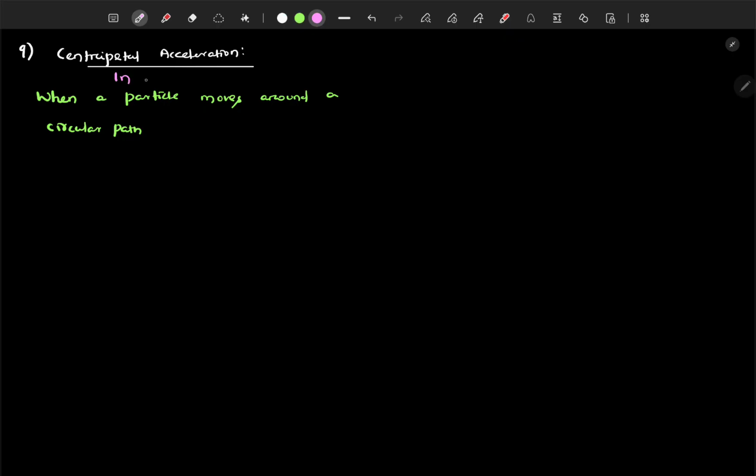This is in uniform circular motion. Yes. So in uniform circular motion, when a particle moves around a circular path, क्या दिखाई देगा हमको इसमें? Its speed is constant actually. Very good. But change क्या हो रहा है? But direction changes continuously.